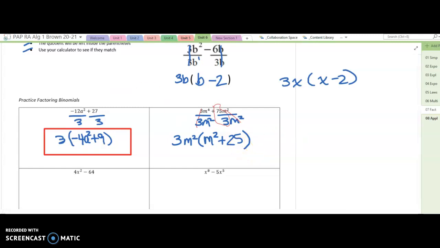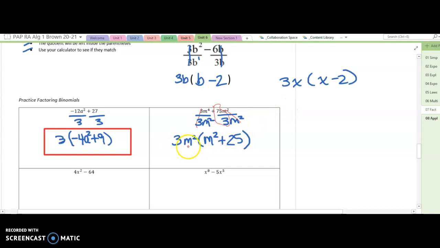All right, so we want to check that. You can check it by using true, false. Remember, you can put a value in for m, put a 3 in there: 3, control, store, variable m, enter, and then set this equal to this. Do you remember how to do that? Remember, I have a video on that.